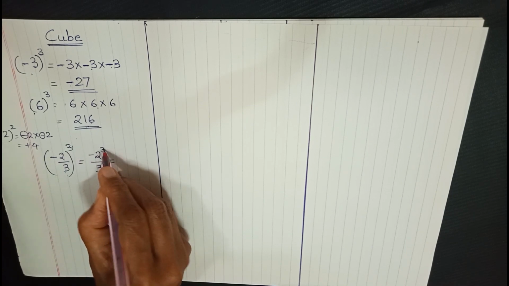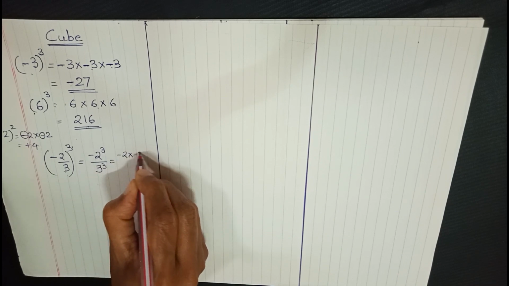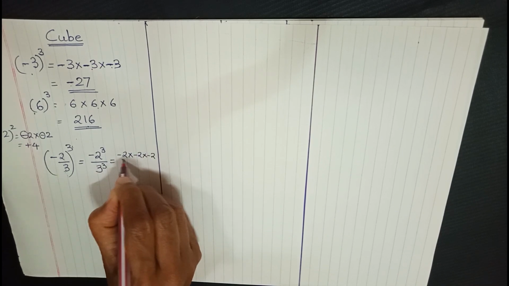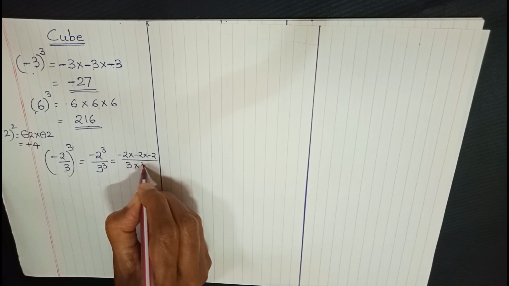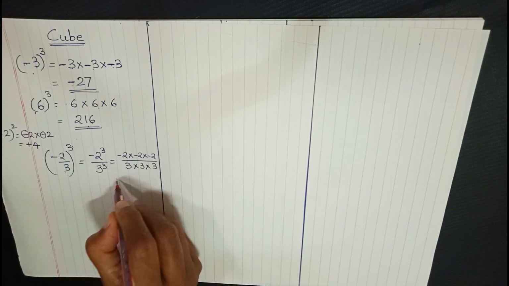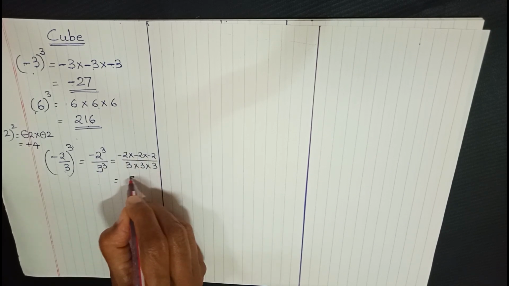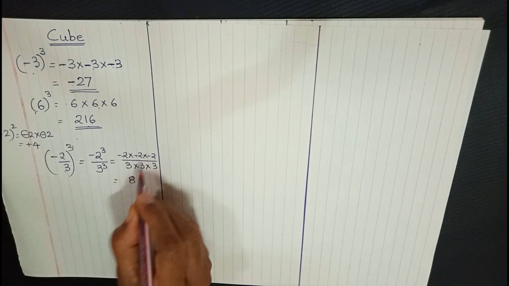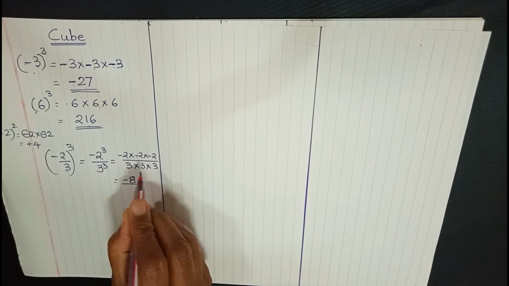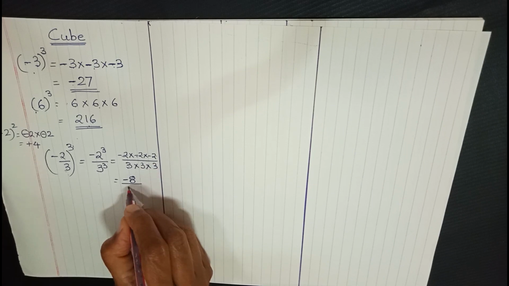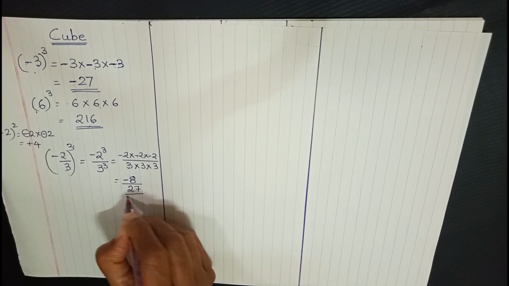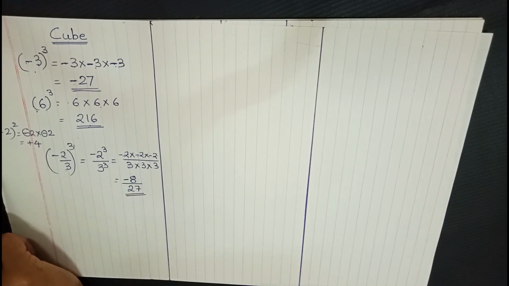Now we know minus 2 raised to 3 will be minus 2 into minus 2 into minus 2, and denominator also will be 3 into 3 into 3. So 2 twos are 4, 4 twos are 8. We know 3 negatives are there, so this will be negative. 3 threes are 9, 9 threes are 27. So this becomes the cube of this number, right?